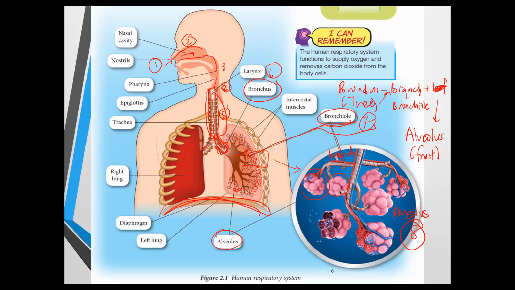Okay, you cannot just draw, you must label. Drawing is one thing, but you must label. Please make sure you label them quickly.